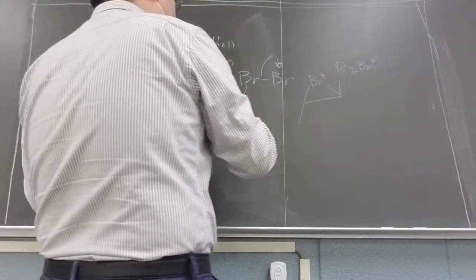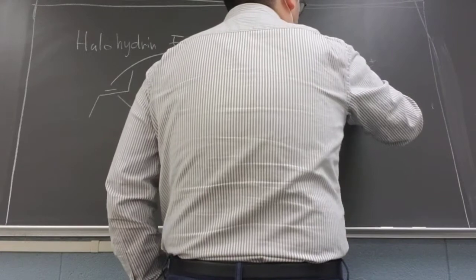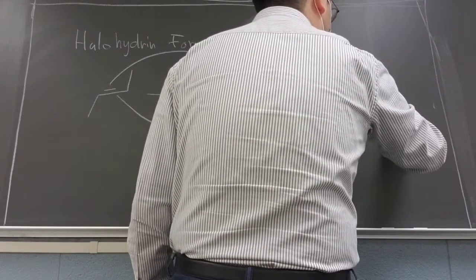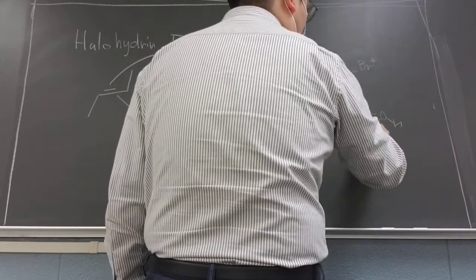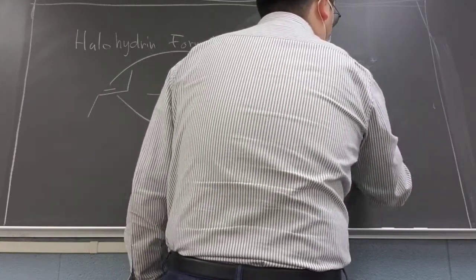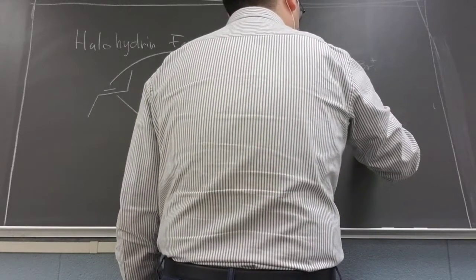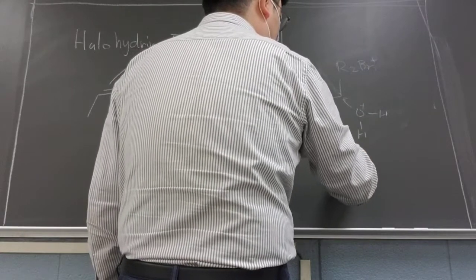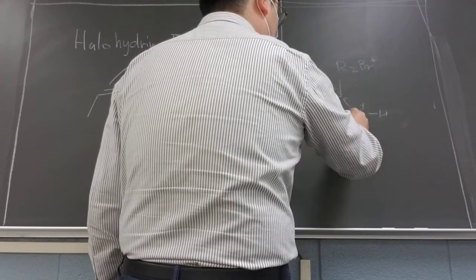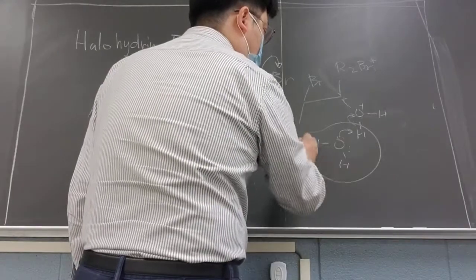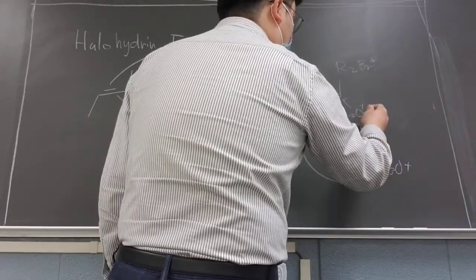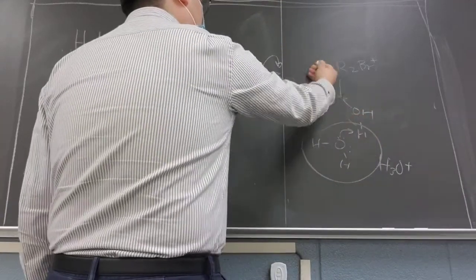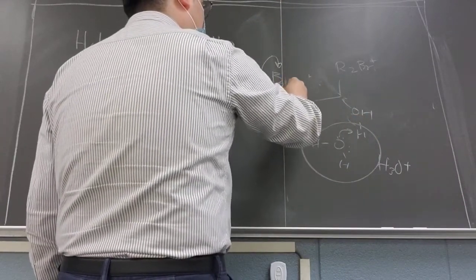And this is why, when they go, the water comes in, and then later the hydrogen. So water comes in at this one, and eventually you're going to have this one.